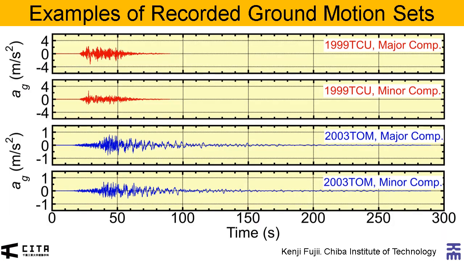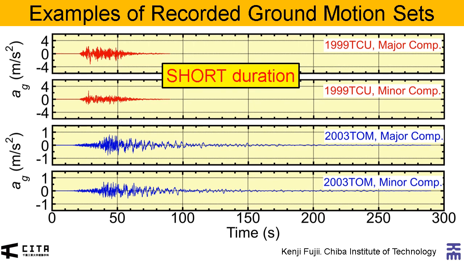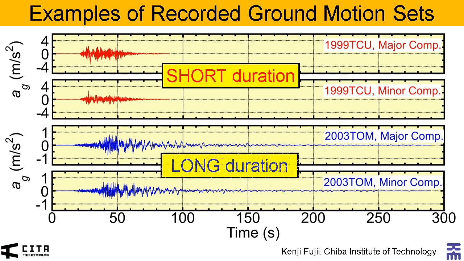Here are examples of recorded ground motion sets. Horizontal major and minor components defined by alias are shown here. The duration of the ground motion of 1999 TCU is short, while that of 2003 TOM is long.